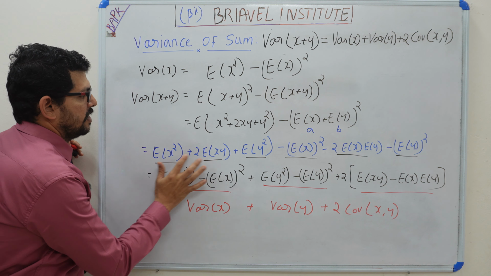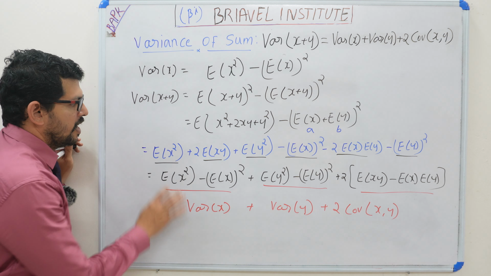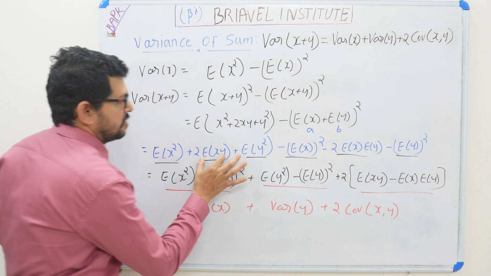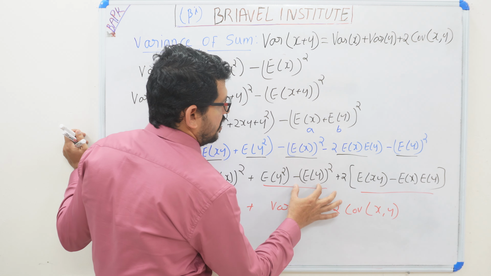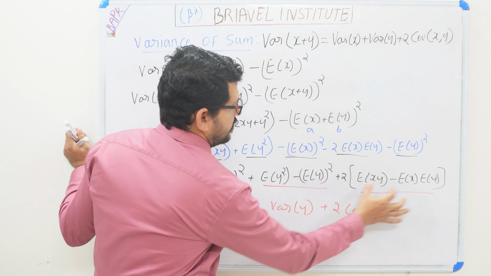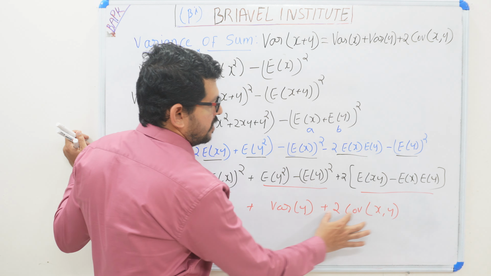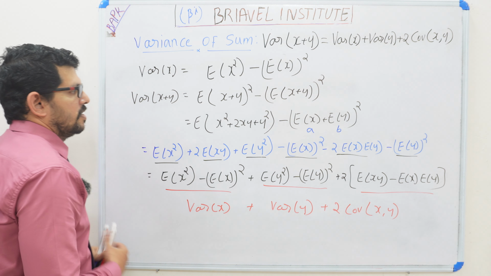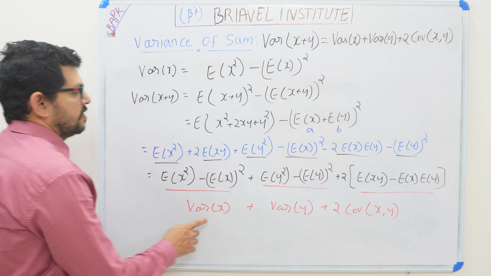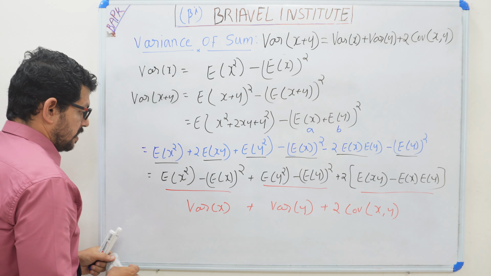This expectation is given inside, so we got here, and rearranged. Here it is rearranged: expectation of Y square is written here, and 2 expectation of SY written here. So this is variance of X, this is variance of Y, plus covariance of S comma Y. So the second way, second method, we proved the same formula.